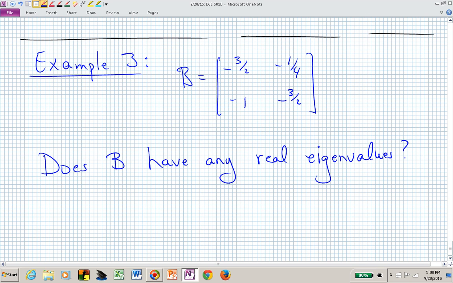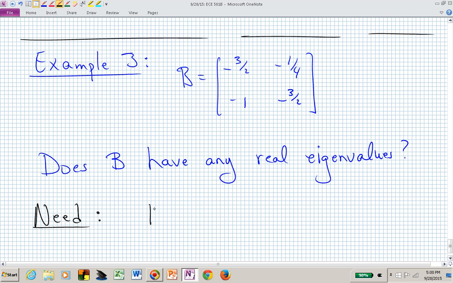What do we need to have happen if B is to have real eigenvalues? What do we need to be true? If B has real eigenvalues and eigenvectors, it has to satisfy that equation that we just used at the beginning of the class.